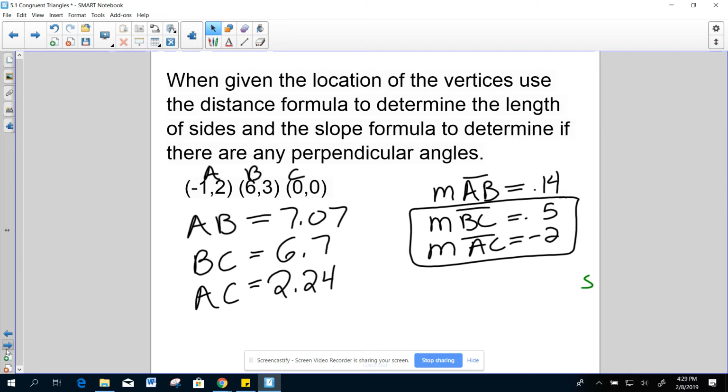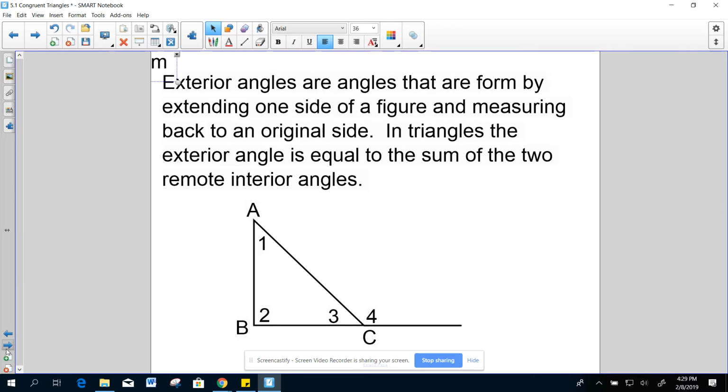Let's take a look at our first theorem for our triangles here. This theorem says that an exterior angle is formed by extending one side of a triangle, and that the exterior angle will be equal to the sum of the two remote interior angles. So what does that actually mean?